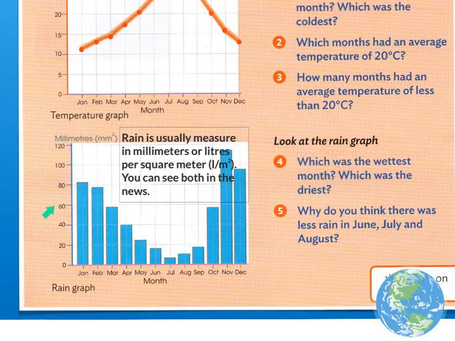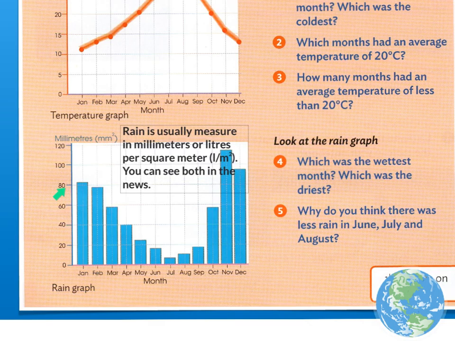If you see the news, the weather forecast, las noticias, the predicción meteorológica, the meteorologists who talk about the precipitation, the rain, they often say liters per square meter.